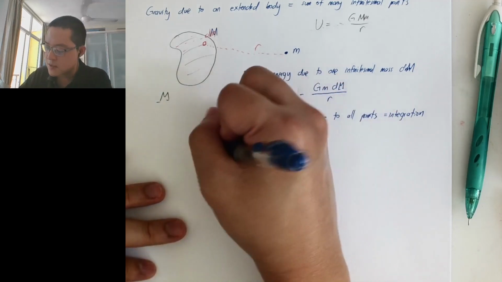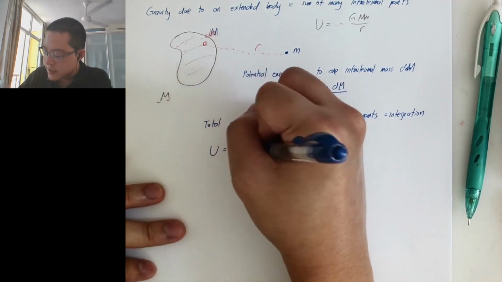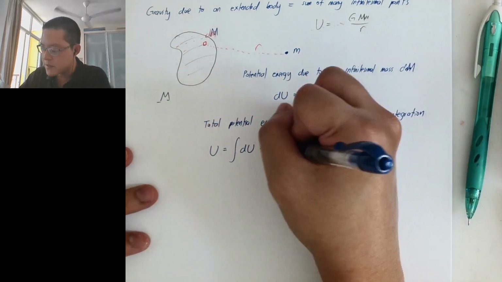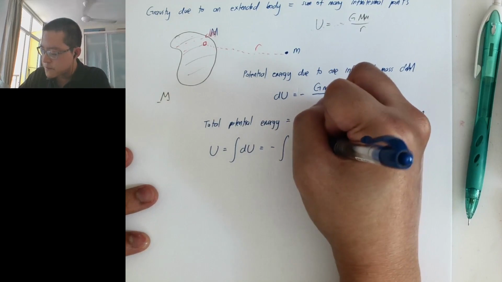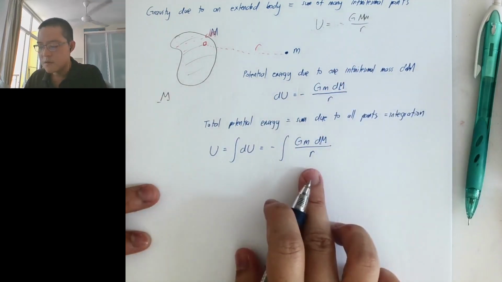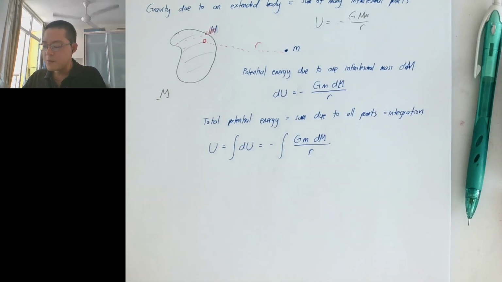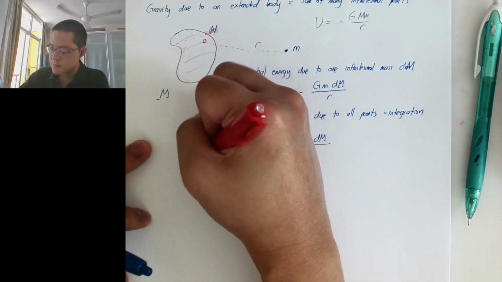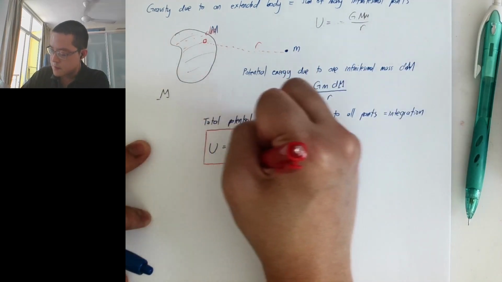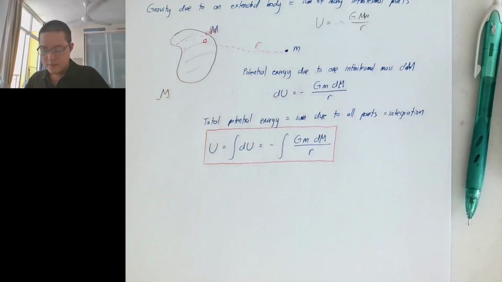The total potential energy is just the integral of all the infinitesimal contributions. So what we are doing is integrating G m dm over r. This is the formula that we are going to use. Okay, any questions so far?